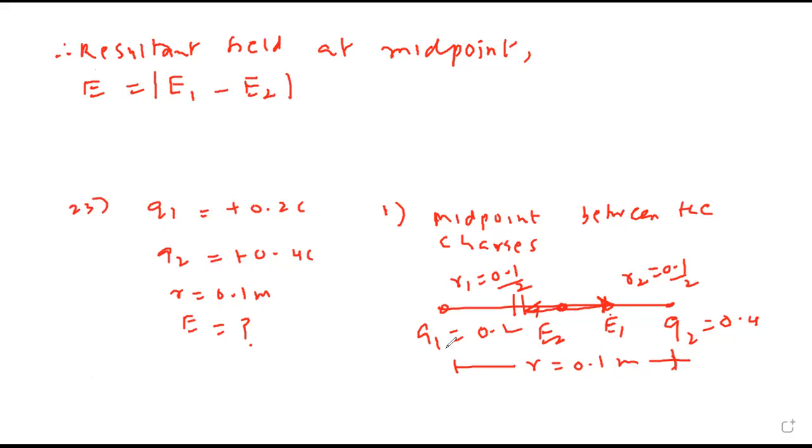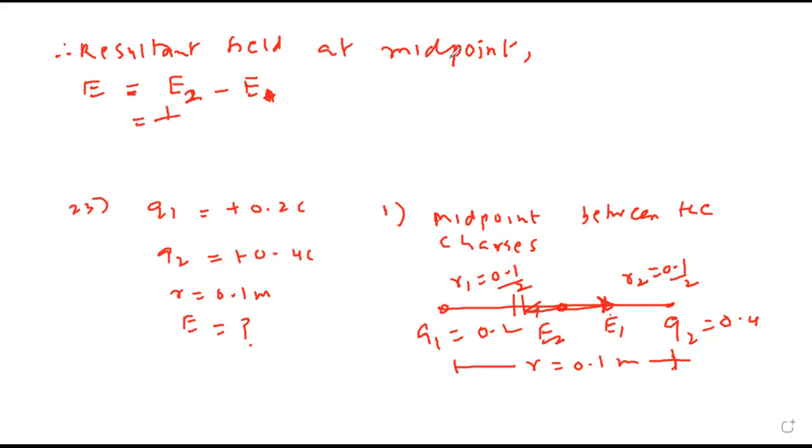Actually we can understand the 0.2 charge is smaller than 0.4, so E2 will be larger. If that clicks, you can directly write E2 minus E1 with no modulus sign, because charge Q2 is greater than charge Q1. If it doesn't click, then you put the modulus.